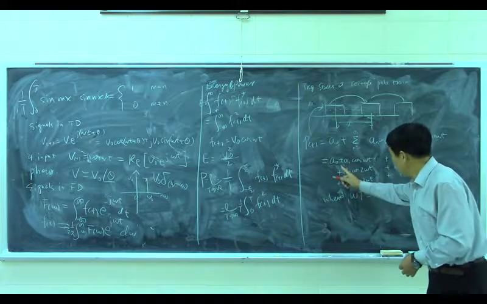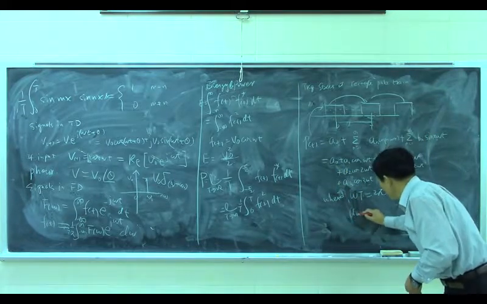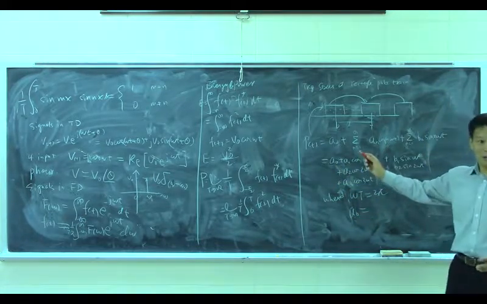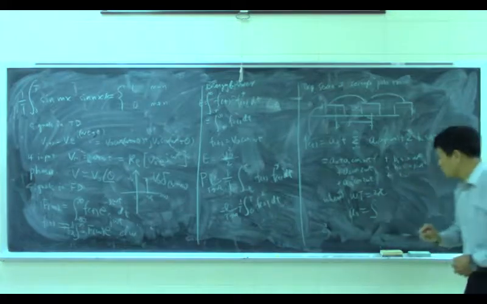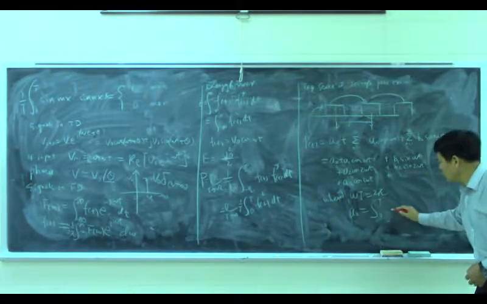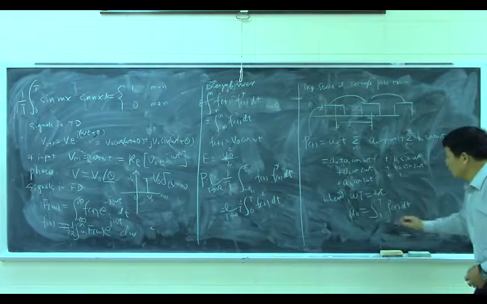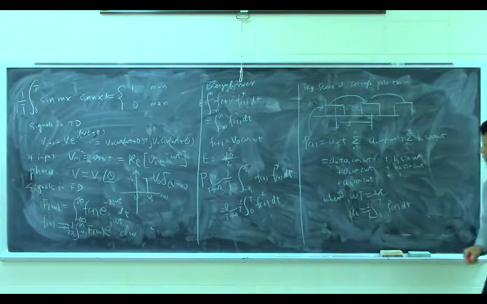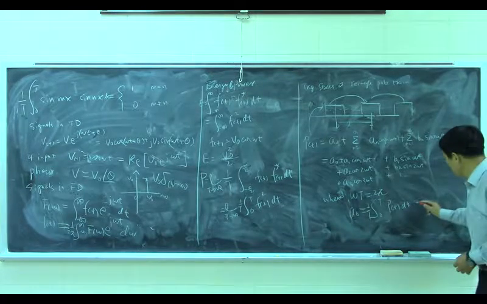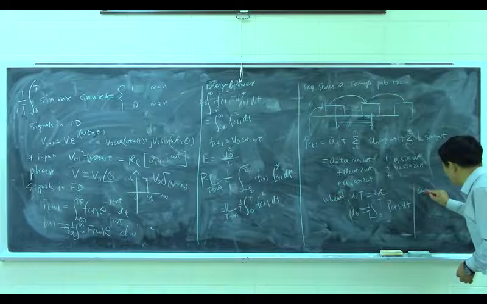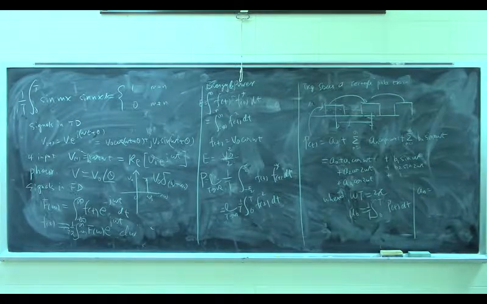And what is a0? a0 is the DC component. We integrate the original signal p(t) dt, then divide by T. That's the DC component. And what is a_n, for n equals 1, 2, 3?